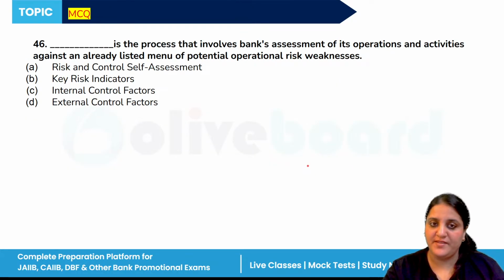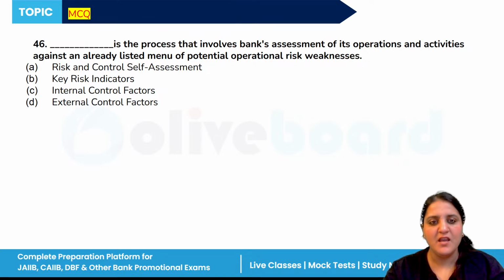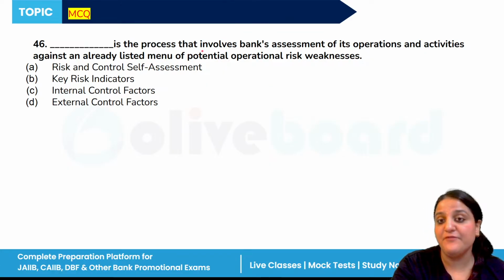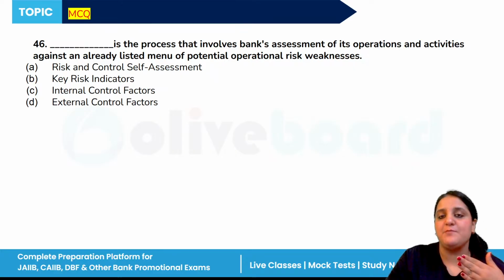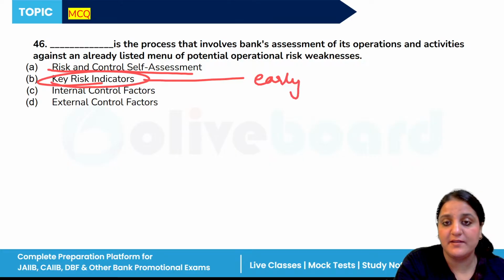That is the process involving key risk assessment of the bank's operational activities against an already listed menu of potential operational risk weaknesses. When the bank does its own assessment, that is called RCSA. Key risk indicators are the early warning signals.